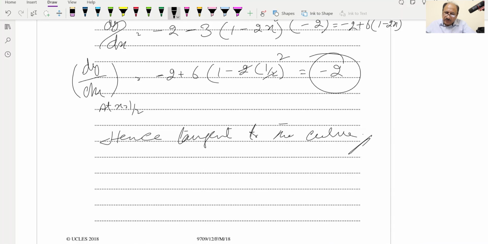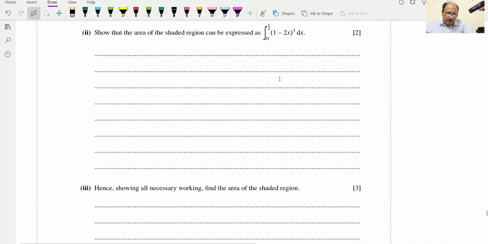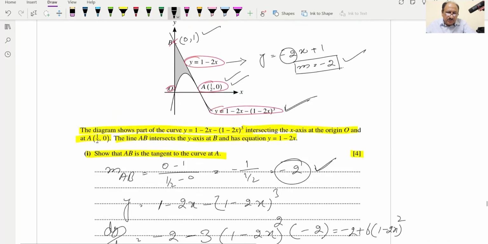So this is done. Now we can move to the second part, which says show that the area of the shaded region can be expressed in this format. So the area of the shaded region is what?